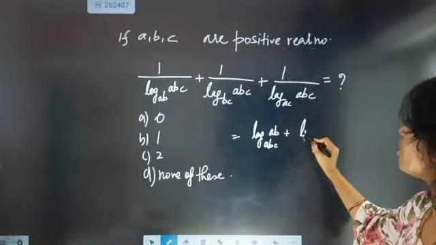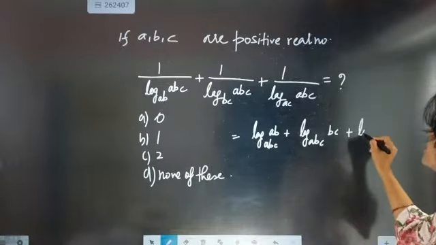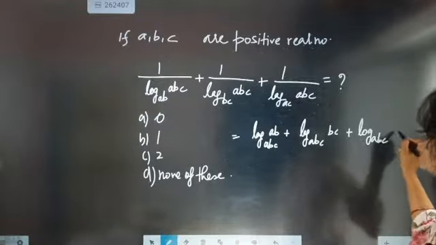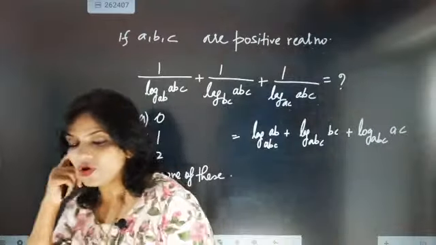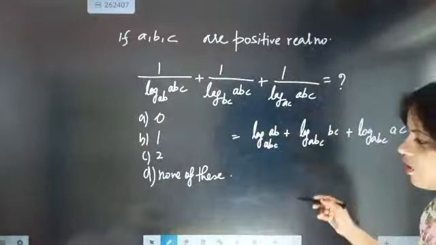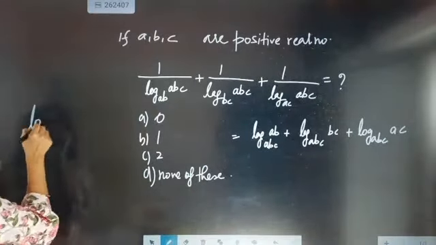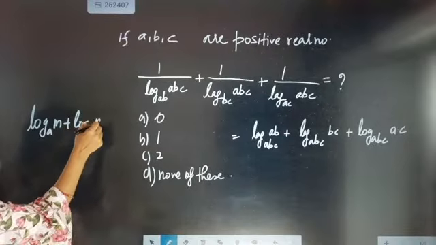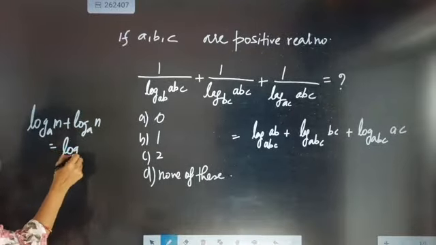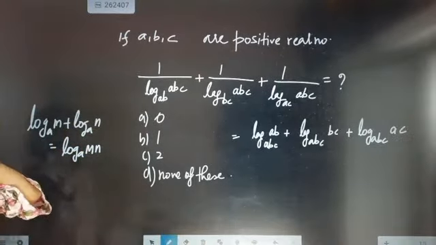So it becomes log base BC of ABC, plus log base AC of ABC. Now one property of log I taught you: log base a of m plus log base a of n will become log base a of mn.